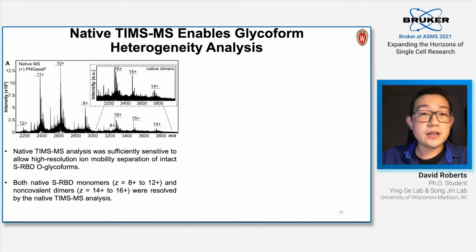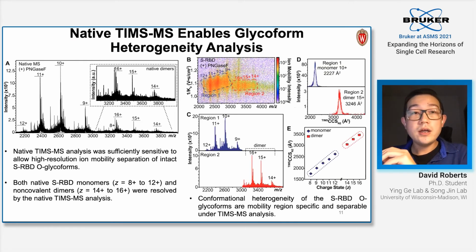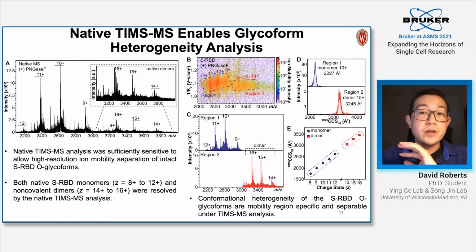And so specifically, what we used is native TIMS, which was sensitive and able to both separate these S-RBD glycoform species by ion mobility, but also help to resolve some of the conformational heterogeneity.